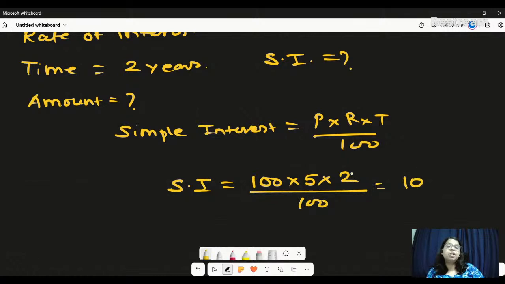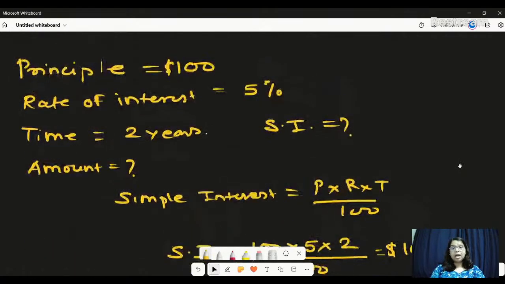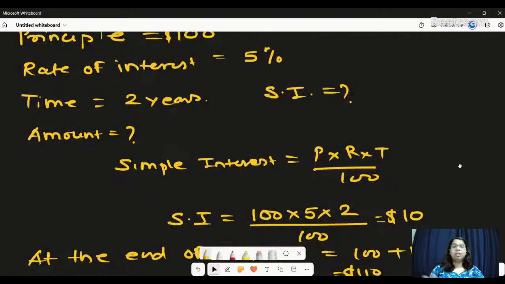So your simple interest for 2 years is going to be $10. So at the end of 2 years, you will get 100 plus 10, $110.